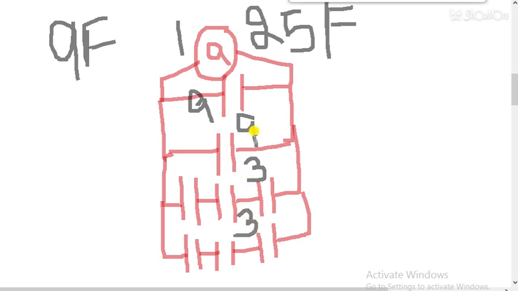So 9 9 is 18, 18 and 3 21, 21 and 3 24, 24 plus 1 25. So now how many capacitors are required? 9 9 in first row, 9 10 11 12 13 14 15 16 17. So to get 25 farad from the 9 farad, the minimum number of capacitors required is 17.